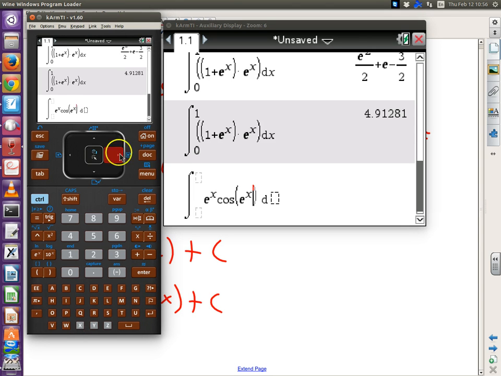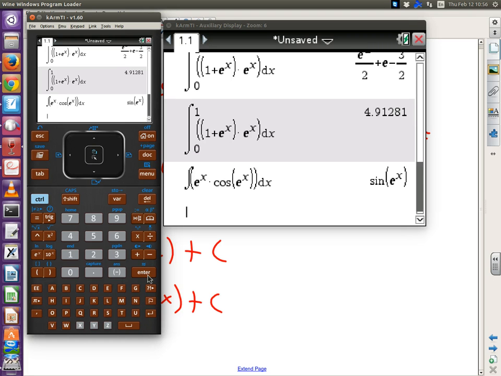Let's close that parentheses. Let's put it in with respect to x. And we ended up with sine of e to the x plus c, right? And there you go. Of course, you know that the TI-inspired CX CAS does not do the plus c stuff.